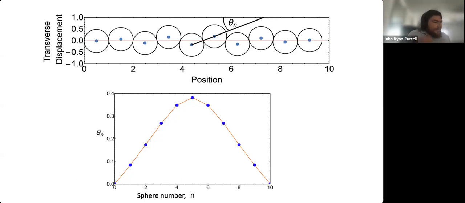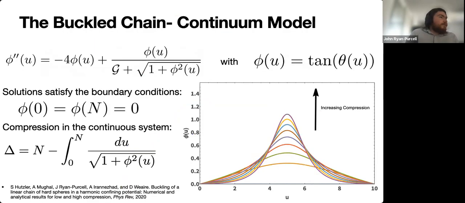The reason I showed those iterative equations earlier is that we worked backwards through them and realized that, using a reversal of a discrete version of the central difference method for second derivatives, you can construct a second derivative equation where now, instead of the angles of the displacement profile being given by the sphere index n, we make them continuous. We turn it into a continuous variable u.